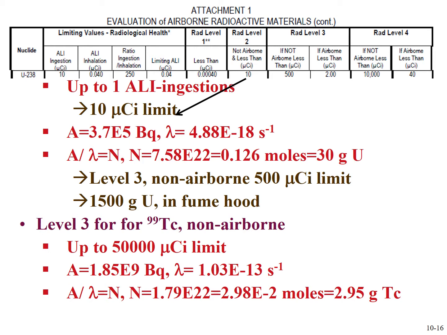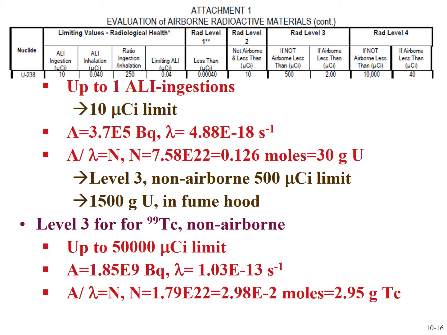Well, if we use activity equals lambda N, we find N, we can get moles, and then we can get mass. So I take 10 microcuries, convert that to becquerel, and get my decay constant for uranium-238. I solve this equation. I see that 10 microcuries is 7.6 times 10 to the 22 atoms of uranium-238.